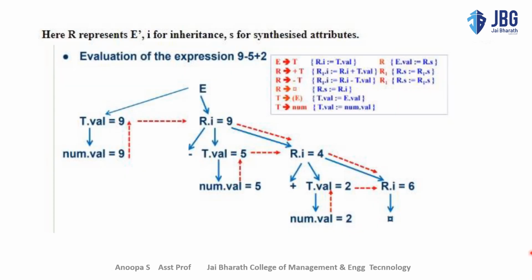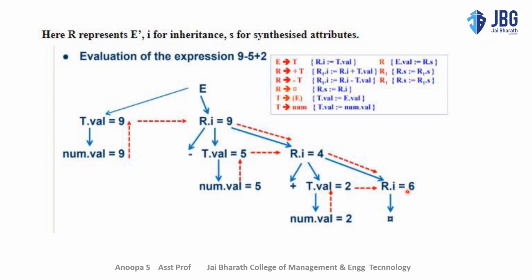Now, this is an example of evaluation of 9 minus 5 plus 2. So here 9 minus 5 plus 2. In order to get this, I have to use the productions E giving TR, R giving minus TR1, and R giving plus TR1.